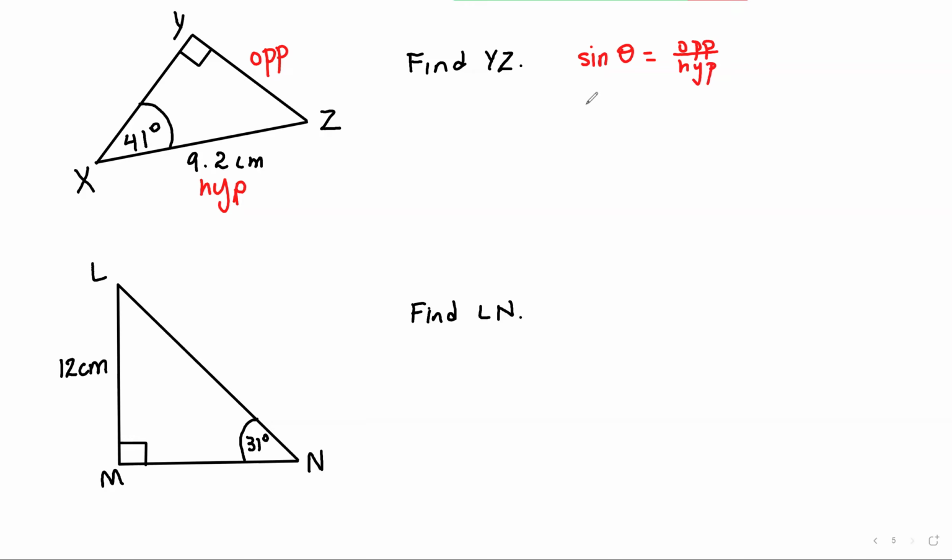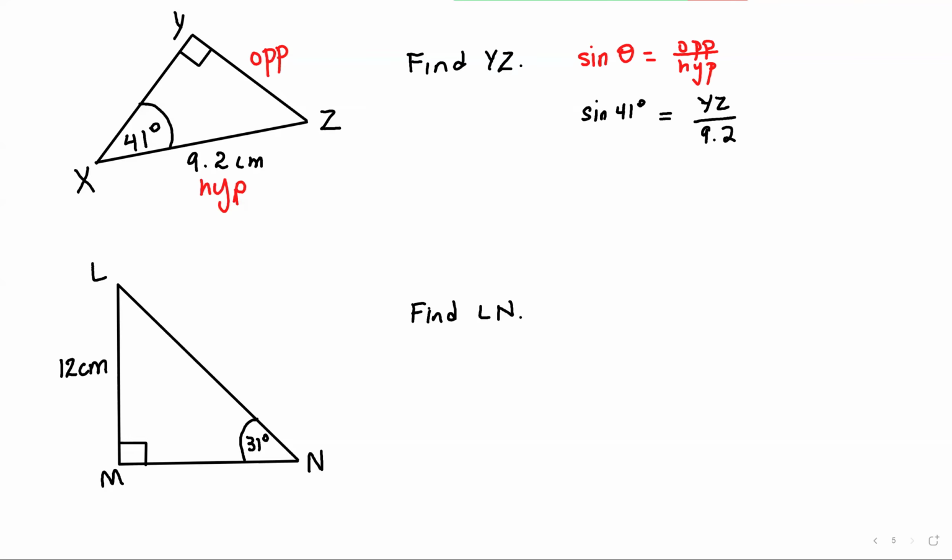So I have sine of 41 degrees equals 9.2 over x. Well, that's the problem. It would actually be YZ over 9.2, because the opposite side is YZ.